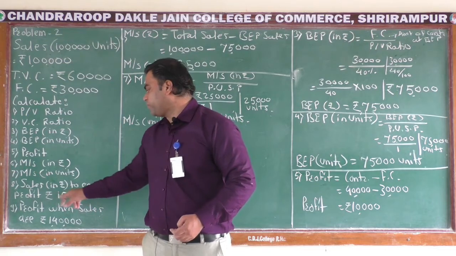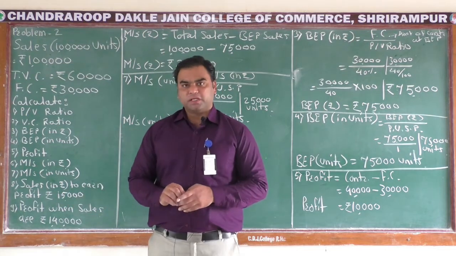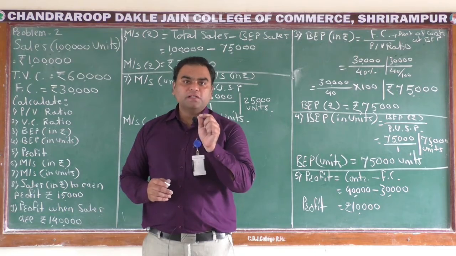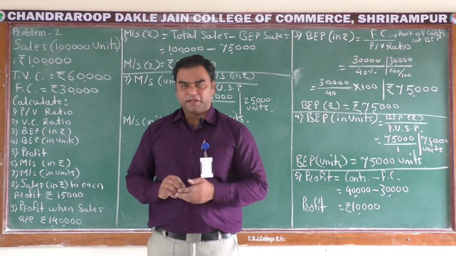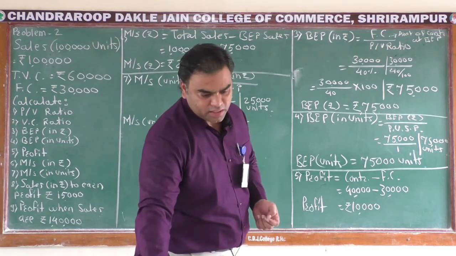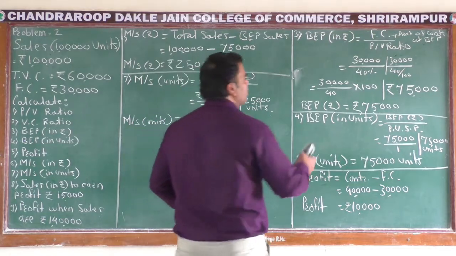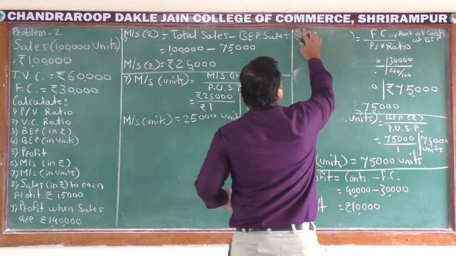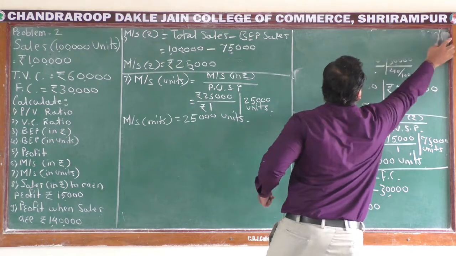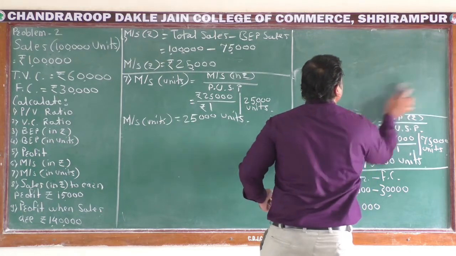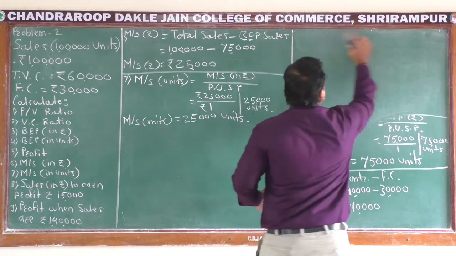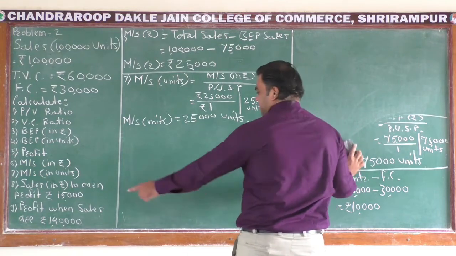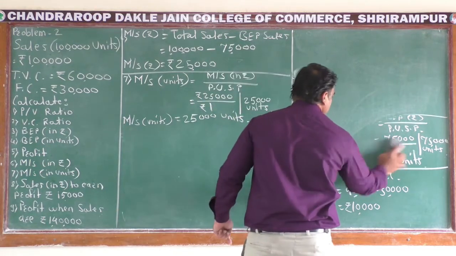To earn profit rupees 15,000, how much sales do we have to generate? We are going to calculate the same. Which formula will we have to use to calculate the sales for desired profit? How much profit do we desire? 15,000.